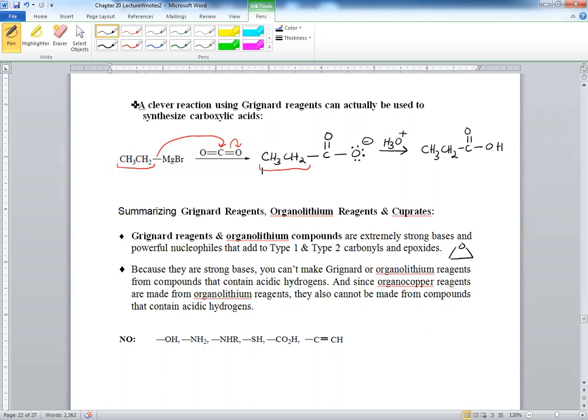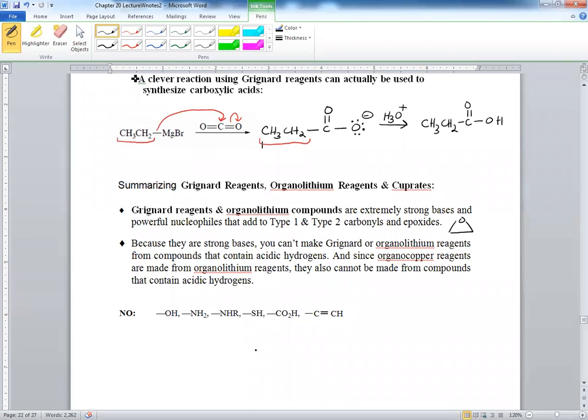Because they are strong bases, you can't make Grignard or organolithium reagents from compounds that contain acidic hydrogens. We already talked about how it will react with itself and stop the reaction. And since organocopper reagents are made from organolithium reagents, they also can't be made from compounds that contain acidic hydrogens.